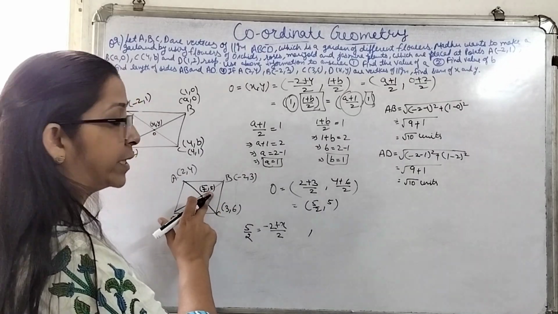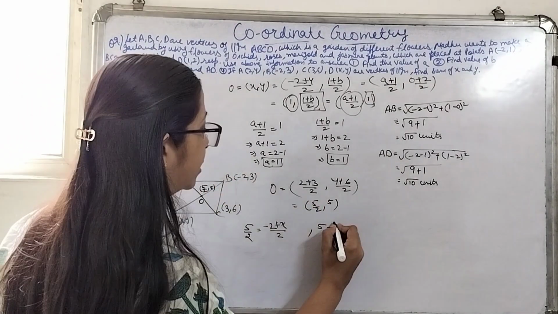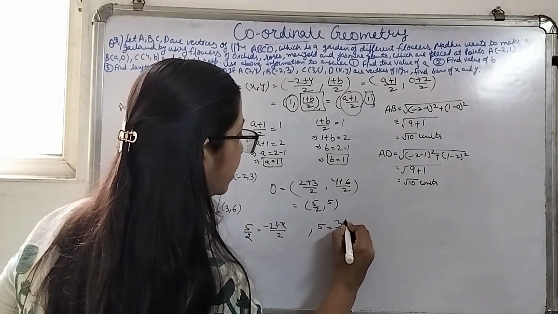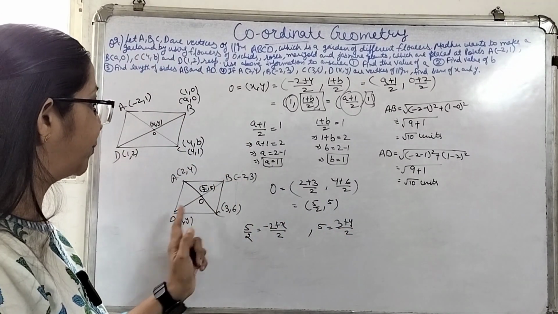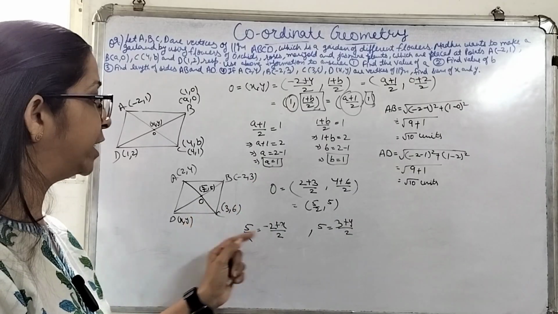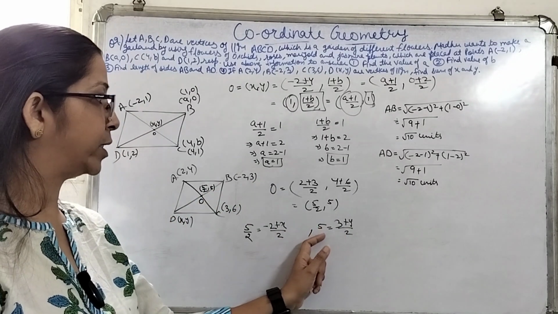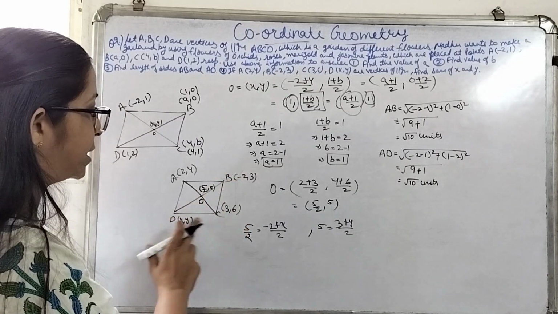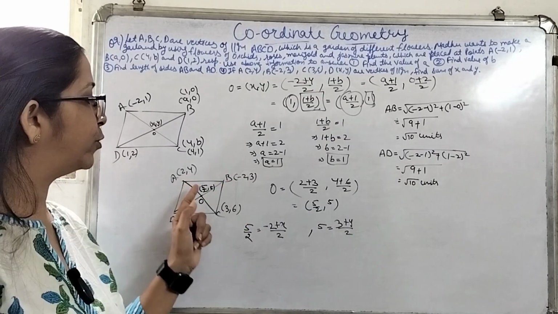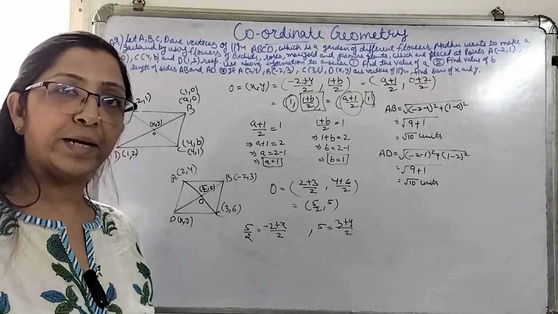I will take the y coordinate, which is 5 over here. So this 5 is equivalent to (3 + y)/2. The y coordinate of the midpoint of B and D will be (3 + y)/2, and it is equivalent to 5 given to us. And the x coordinate of this midpoint will be (-2 + x)/2, and it is equivalent to 5/2. Now if we solve it further, we will get the values of x and y.